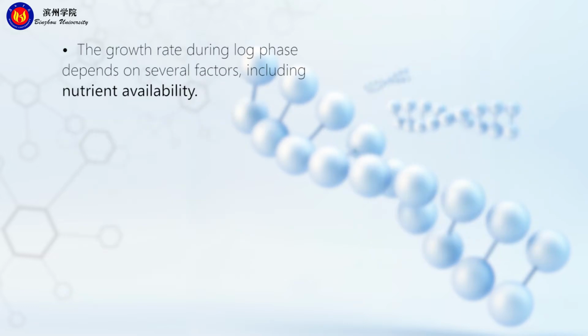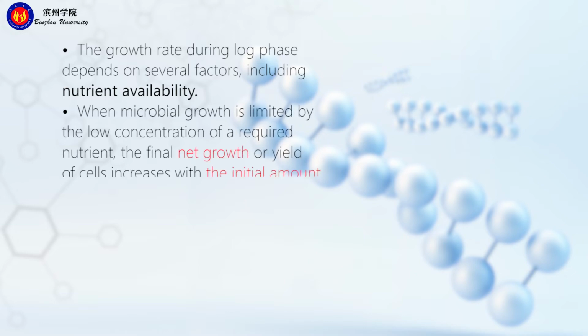The growth rate during log phase depends on several factors, including nutrient availability. When microbial growth is limited by the low concentration of a required nutrient, the final net growth or yield of cells increases with the initial amount of the limiting nutrient present.